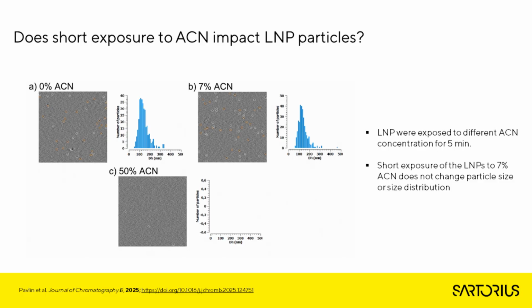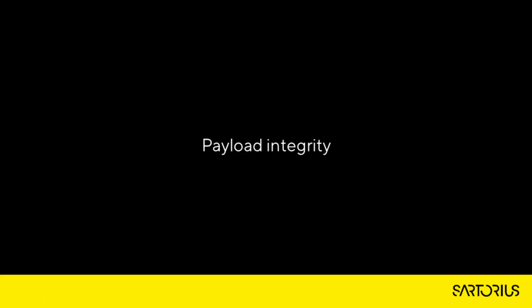We can see here that using 7% acetonitrile does not influence the size of the particles. For successful disruption of the particle, at least 50% acetonitrile should be used. So the conditions used on LNP Switcher do not influence the particle size at the end.